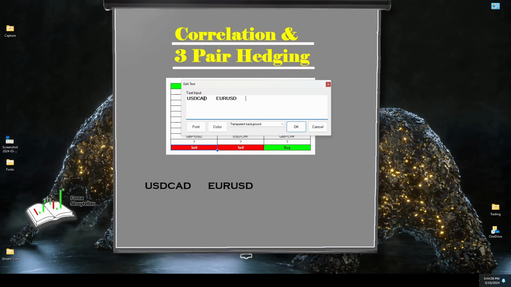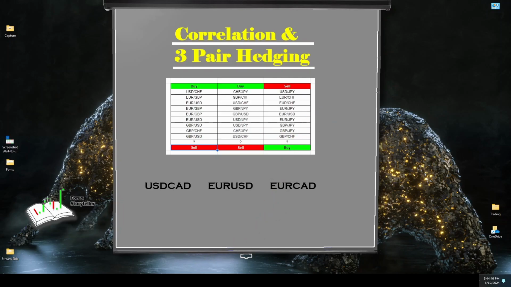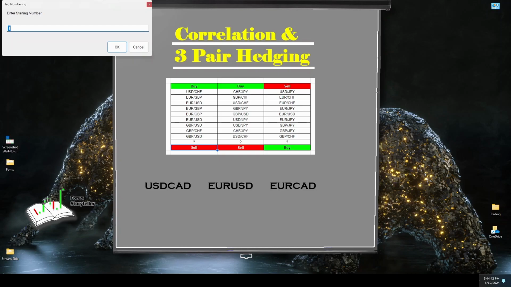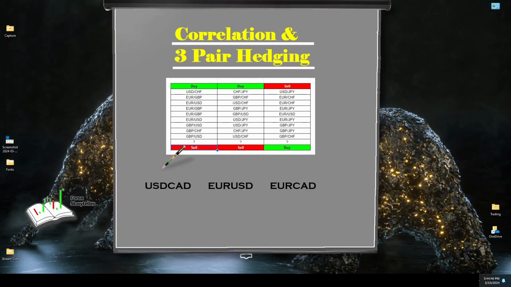The easiest way is to first complete the triplet and combine the Euro and the CAD, because that is not part of either of the other two. So now we have our three pairs: pair 1, 2, and 3.